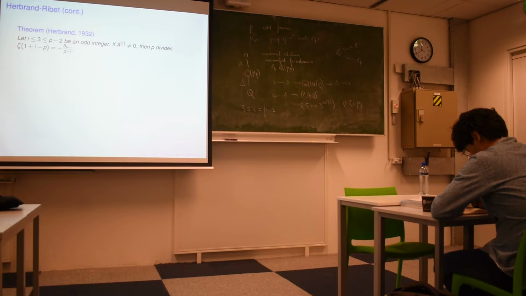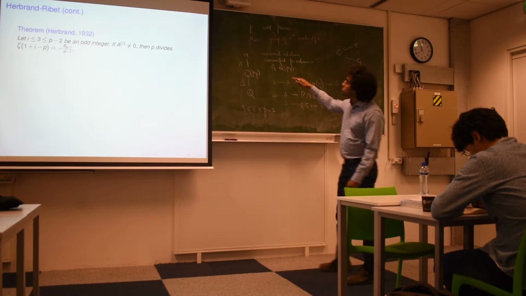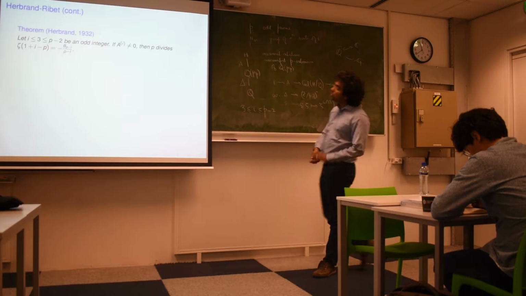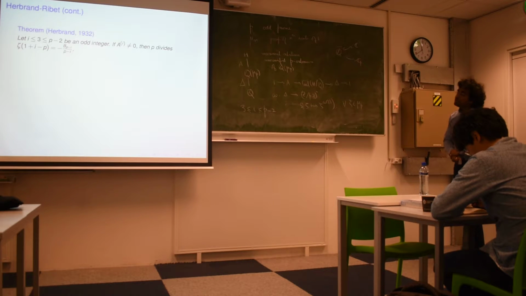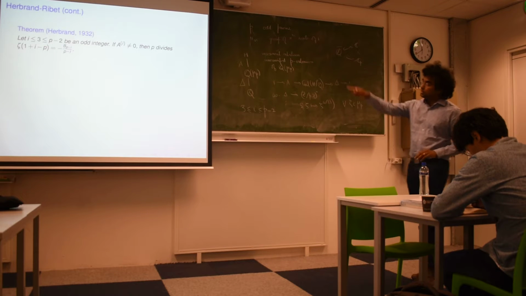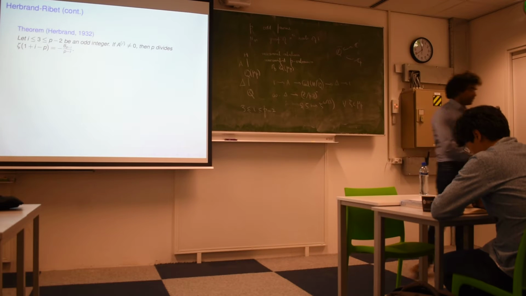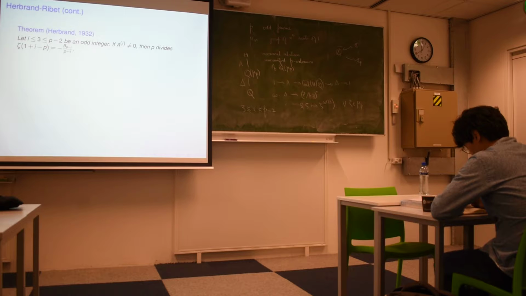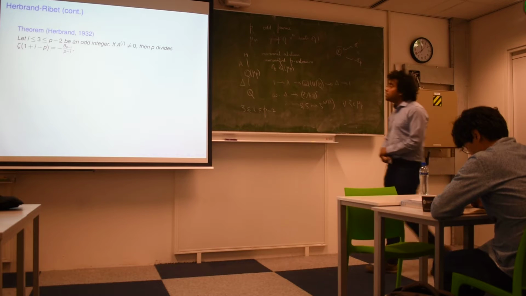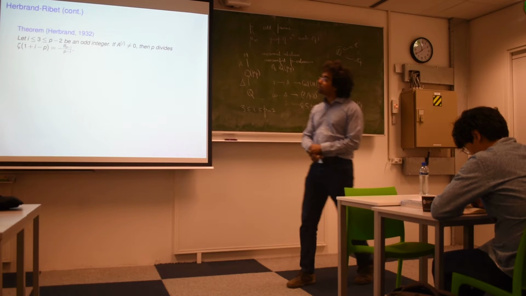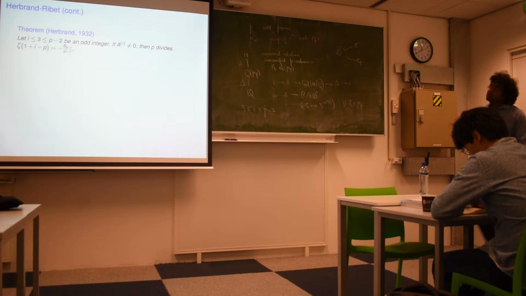Then Herbrand proved that if A_i is non-zero, so the ith component of this ideal class group is non-zero, then p divides the zeta value, or equivalently this Bernoulli number. Whenever I say p divides a rational number, I mean p divides the numerator of the rational number.